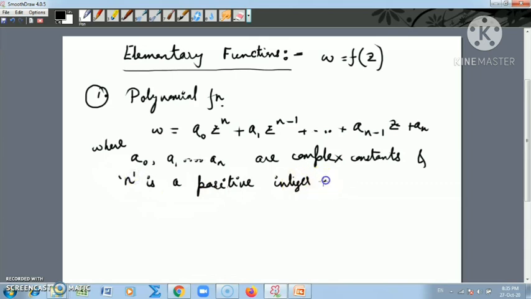It is also the degree of the polynomial, just as we had learned in algebra. So actually we are doing complex algebra here.